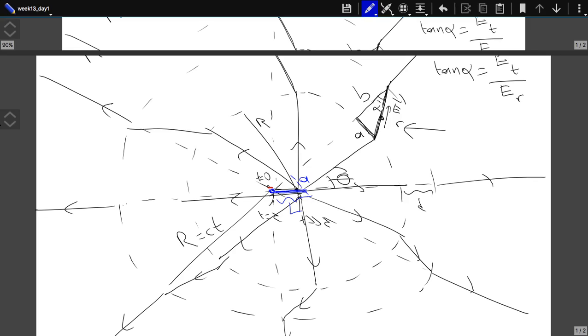This is the region in which the electromagnetic field is created by my particle while it was moving at constant velocity, and this is the region in which the electromagnetic field was created while my particle was accelerating. The acceleration only happens here for my point charge. There's no other acceleration I'm talking about.